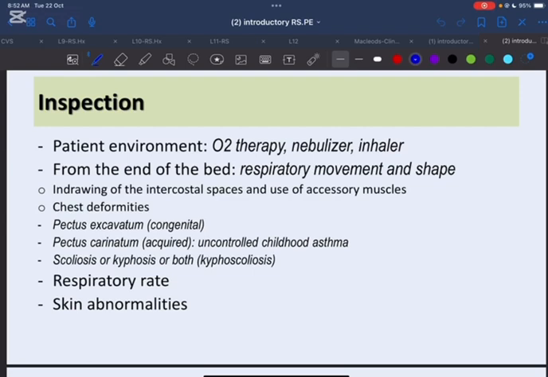What else? Trauma, good idea. Others, what else?